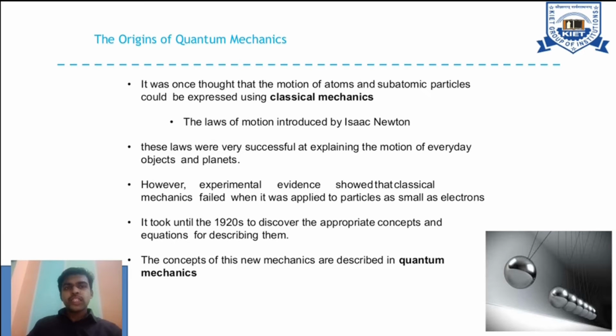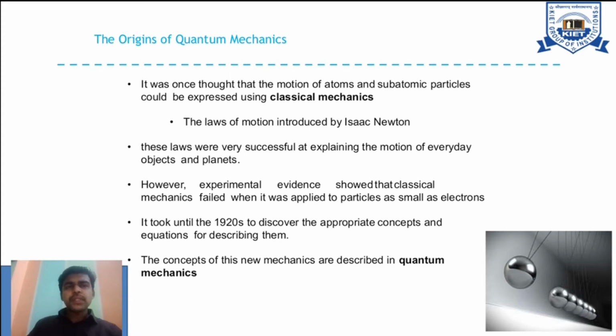As I mentioned in the first line of the slide, we are going to deal with blackbody radiation. So before that, we have to link the pattern happening with the motion of atoms and subatomic particles, because it could be expressed in terms of classical mechanics with the help of Newton's law. That is the origin, the laws of motion introduced by Isaac Newton, which everybody knows.